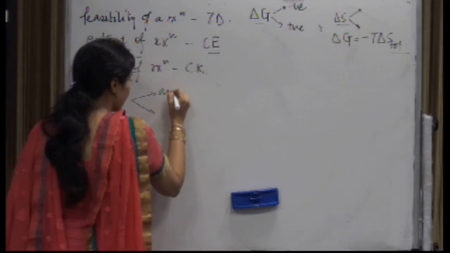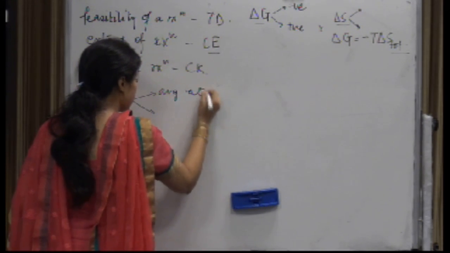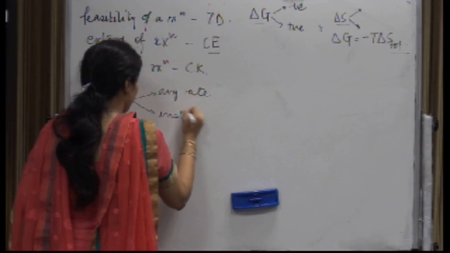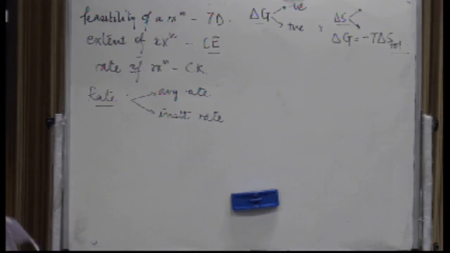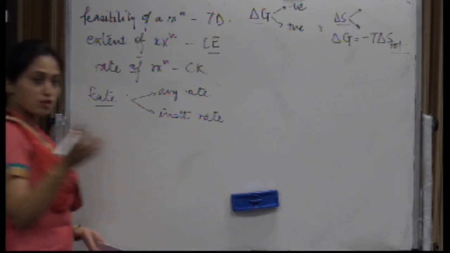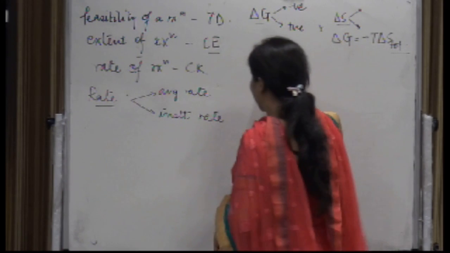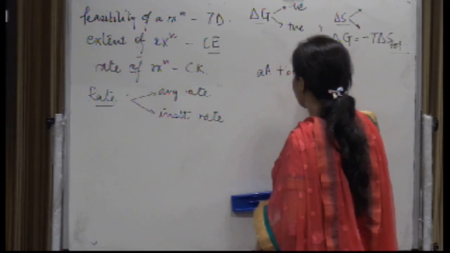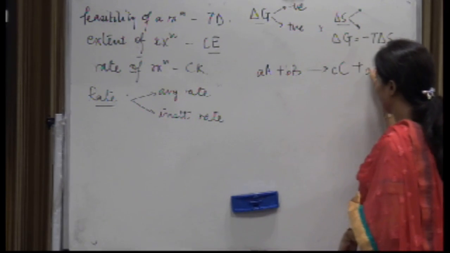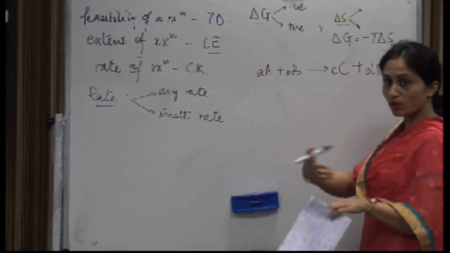One is an average rate and the other is the instantaneous rate. The only difference is average rate talks about times which you can easily calculate. Instantaneous rate deals with your differential equations, like you have, for example, if A plus B giving you C plus D. This is only a recap of what you've done already.